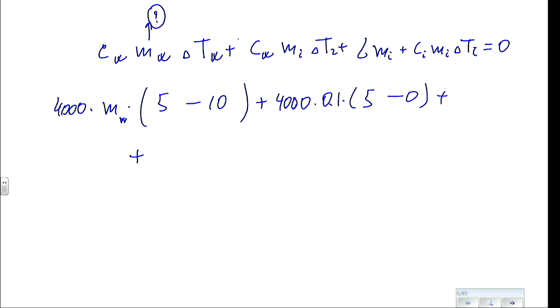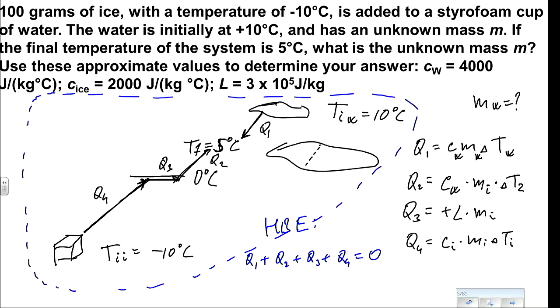Plus the third term. This is latent heat, 3 times 10 to the 5th, times the mass of the ice, plus the last term, specific heat of ice is about a half of specific heat of water, the mass of the ice, times the temperature change for this process. So it begins at -10, it ends at 0. The process ends at 0.